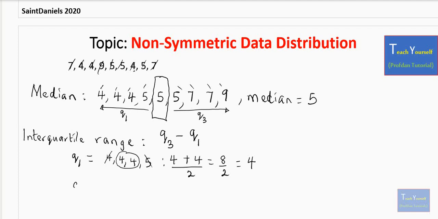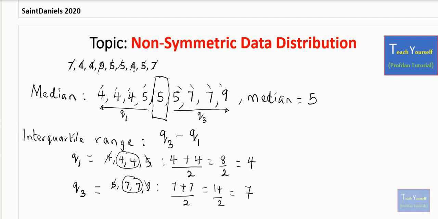The same method you will use to find your third quartile. In this case, for the third quartile, it is the upper half. So the numbers you have there are 5, 7, 7, and 9. So in this case also, the median of this upper half is double 7. So you need to find its average. And that is still going to give you 7.